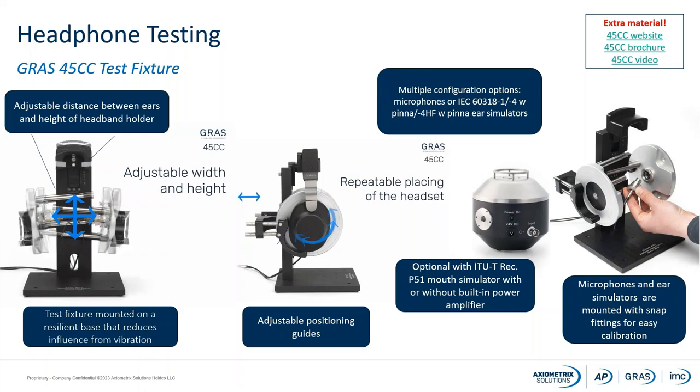And when we have adjusted them, we fix them with some screws, so nobody can remove them, and therefore we can do a lot of tests with the headphones in exactly the same position. The 45cc can also be delivered with a mouth simulator or with accessories, so it's easy to mount a mouth simulator, so you are able to do tests of headsets as well.